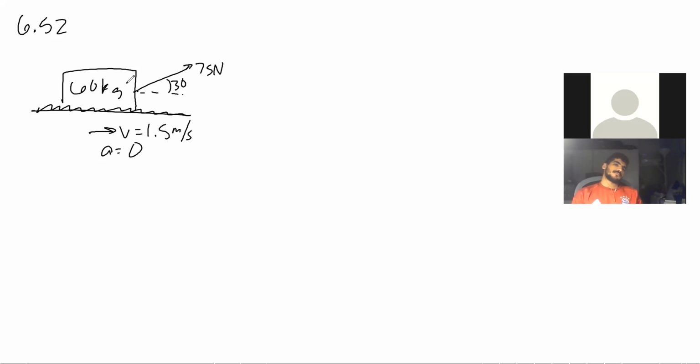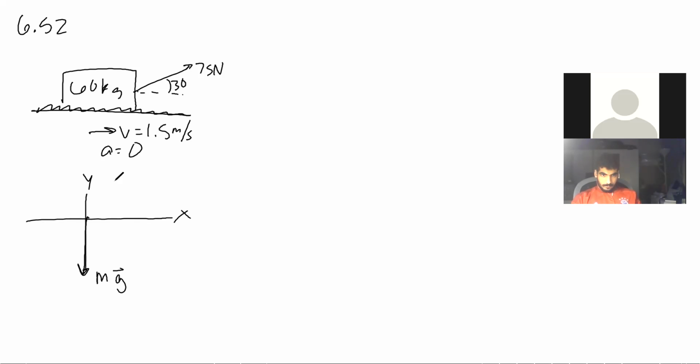So what does the free body diagram look like? Let's do X and Y as our standard coordinates. We've obviously got a downward gravity force, mg.